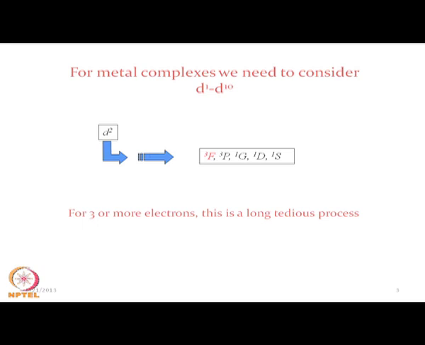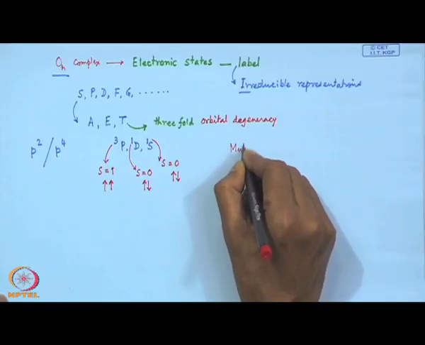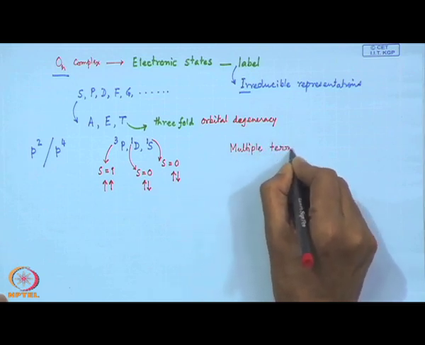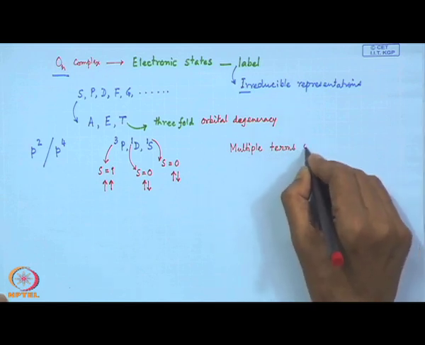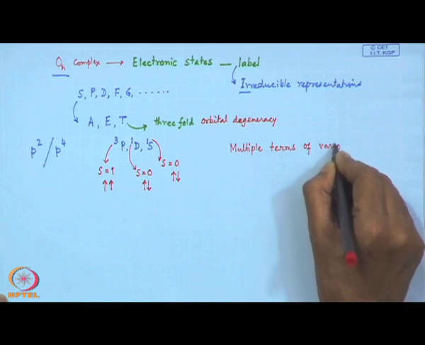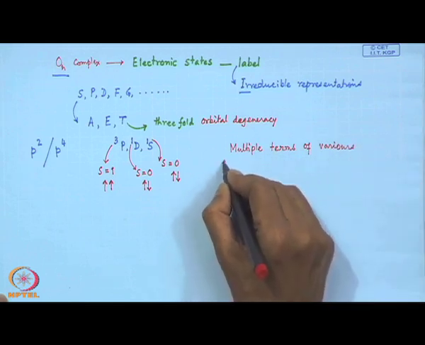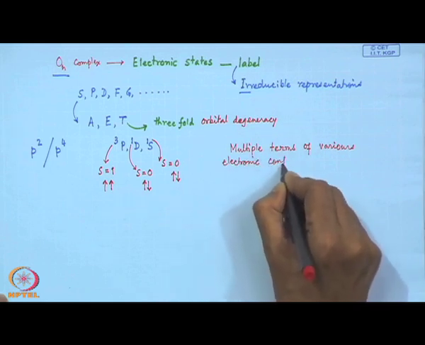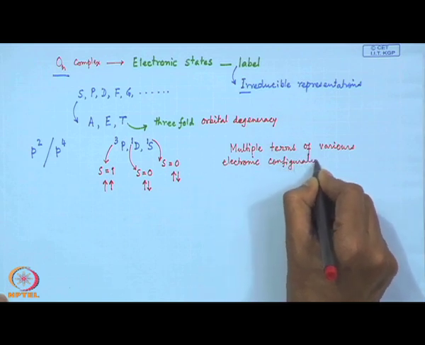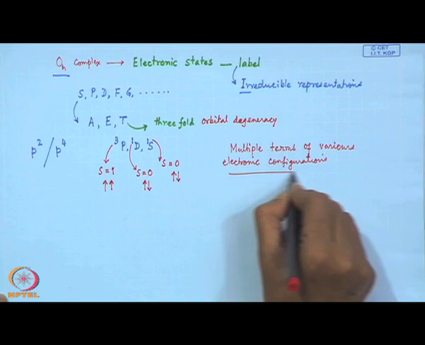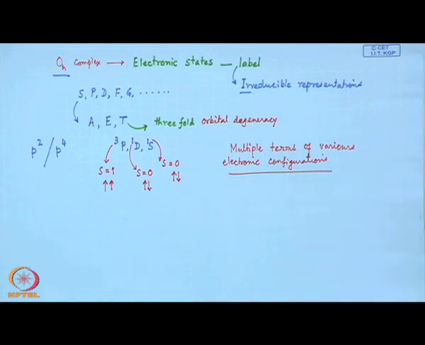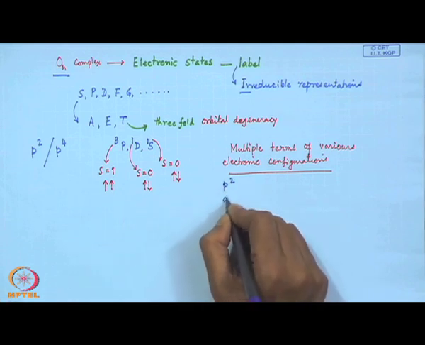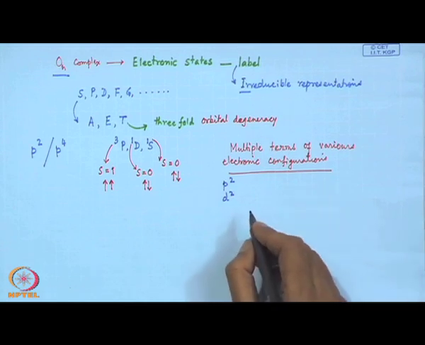So, if we know the corresponding terms in various electronic configurations, we see that we can find them out for p2, we can find them out for d2, or we can find them out simply for the d1 and d9 systems.